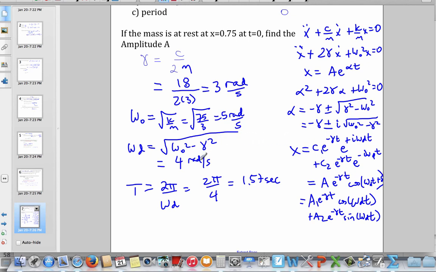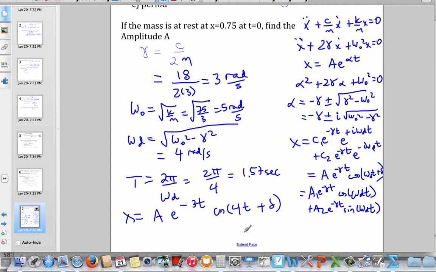Now, we know omega damped, we know gamma, so our solution looks something like this. Position is A e to the minus 3t cosine of 4t plus delta. And we want to use the initial conditions to find the values of A and delta. So we're told the mass is at rest at 0.75 at time 0.